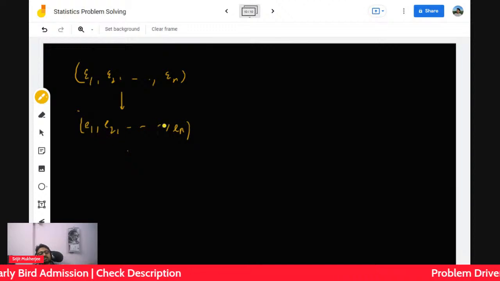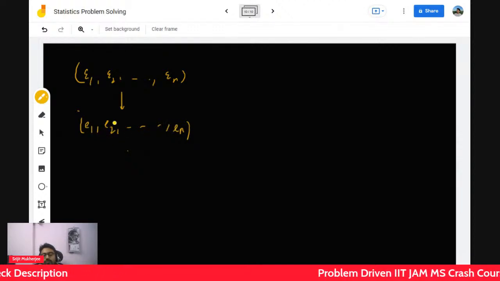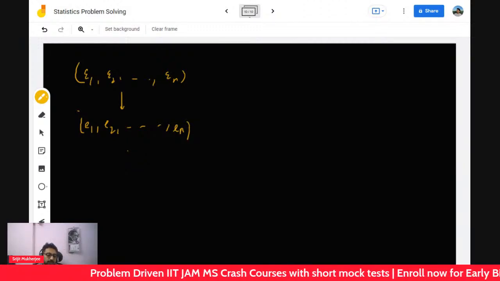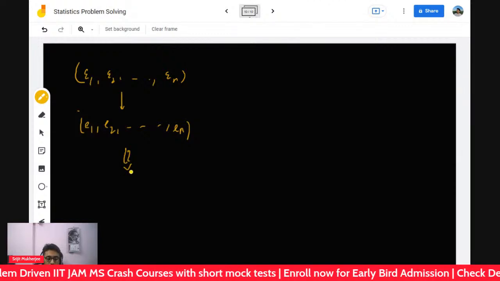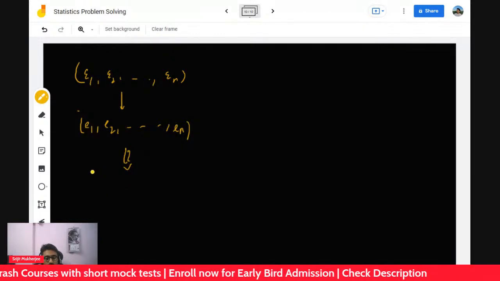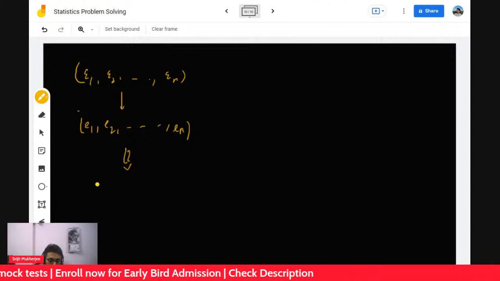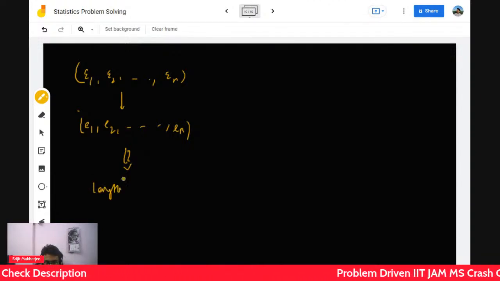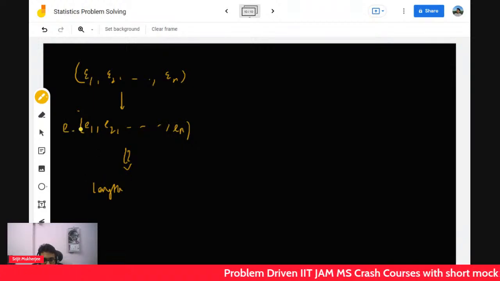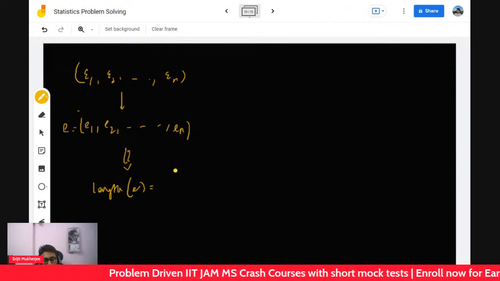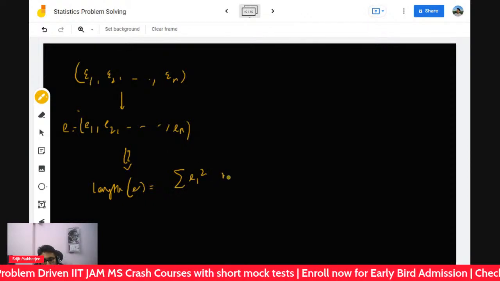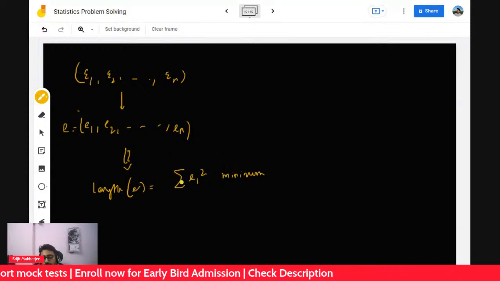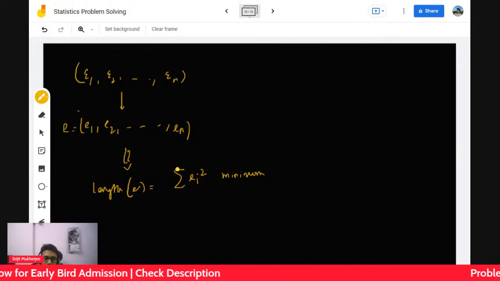That means this vector of errors has to be minimum in some sense, which is equivalent to the length of the vector being minimum. The length of the error vector E, which is the summation of e_i square, has to be minimum. We will see how to minimize it.